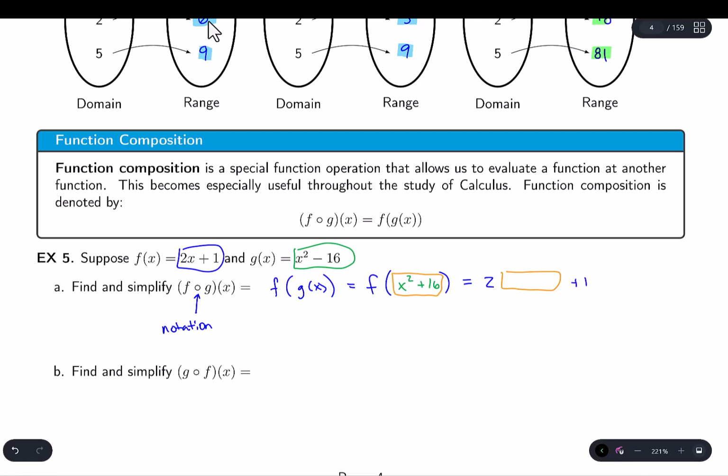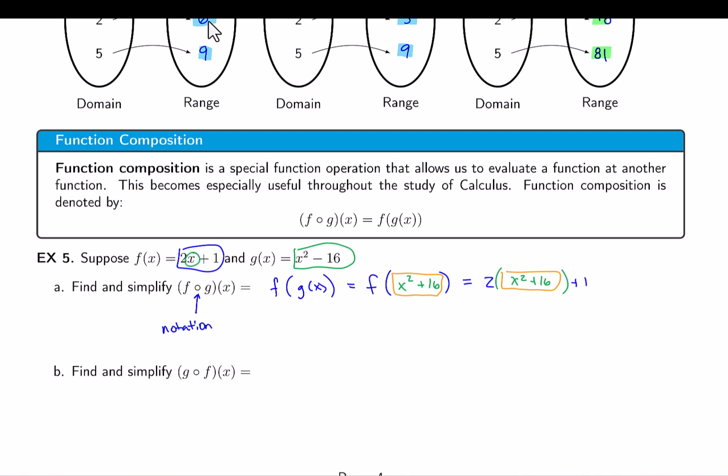plus 1. Now, it is sort of helpful to think of anything in that magic box as surrounded by parentheses, and that way you won't mess up with parentheses, order of operations, that sort of thing. But since I put x squared plus 16 inside here, in that magic box, it just shows up over on this side.